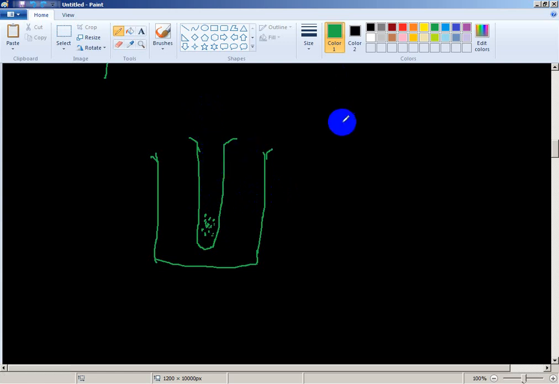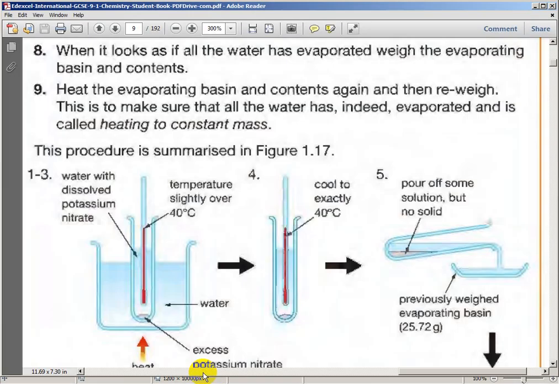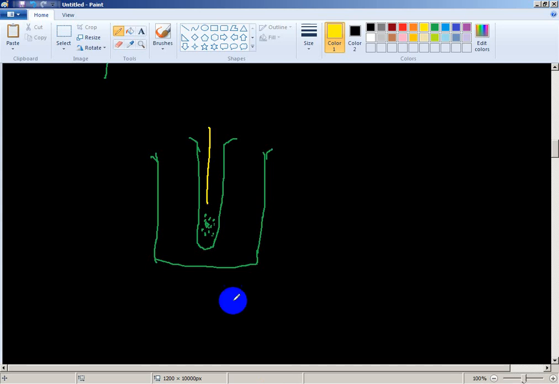I should give a different color. Yellow color I give, thermometer. Is it given here, or outside, or above? Okay, the thermometer is added in that boiling tube also.